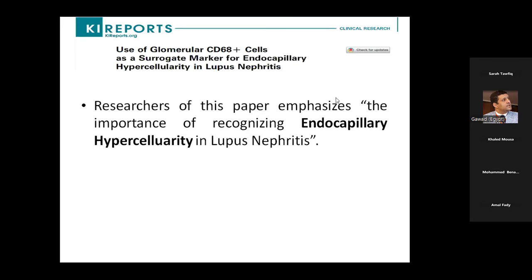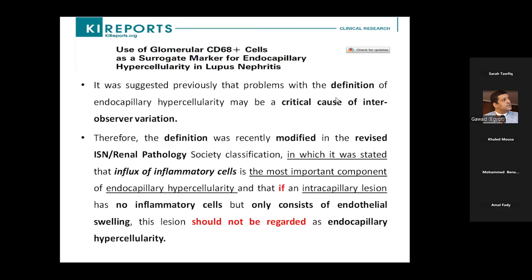So they emphasized the importance of endocapillary hypercellularity rather than proliferation in lupus nephritis. And they suggested that the definition of endocapillary hypercellularity is a critical cause for the inter-observer variation.